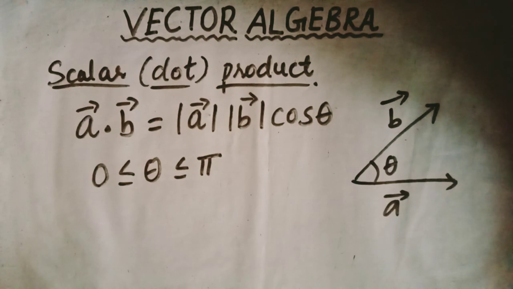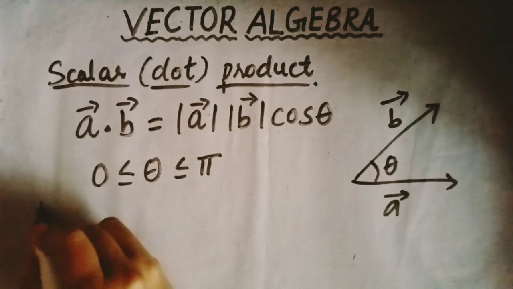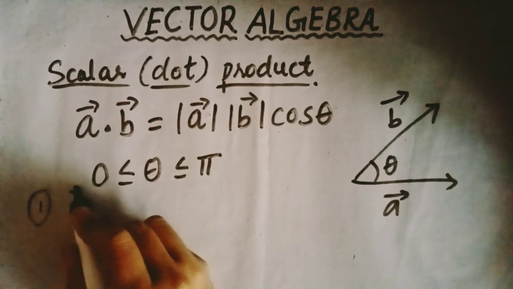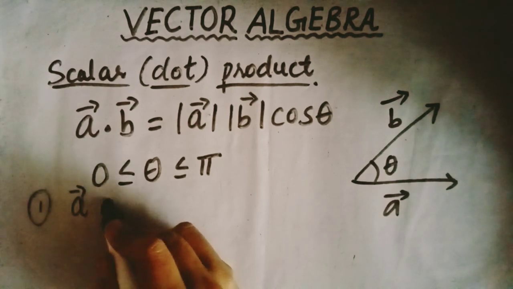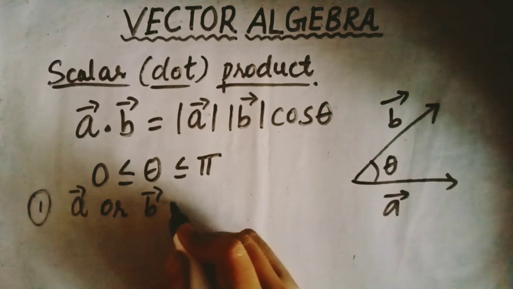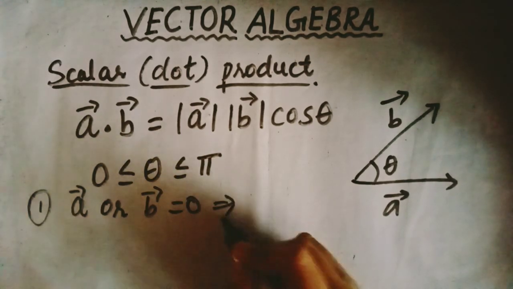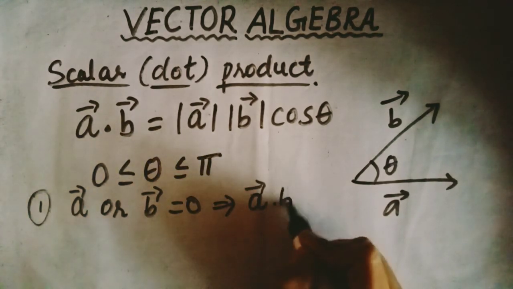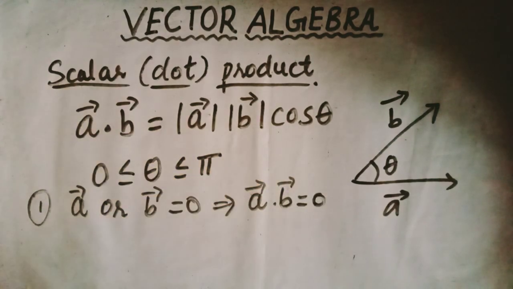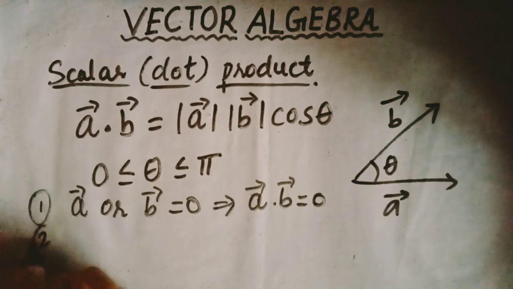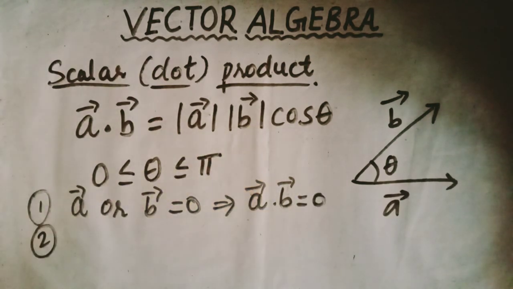So there are conditions. First, if your A vector or your B vector is 0, then this dot product is 0. Another condition for the dot product to be 0 is cos theta should be equal to 0.